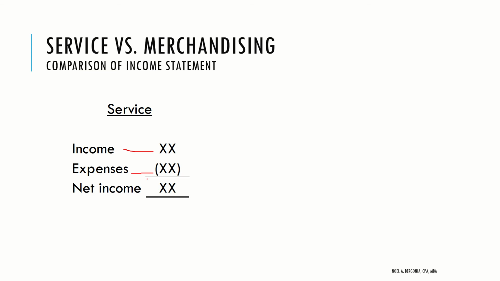Those were the expenses that we deduct to arrive at our net income in the service business. As you can see, it's just a simple single-step income statement wherein we have income less expenses, then we have the net income.